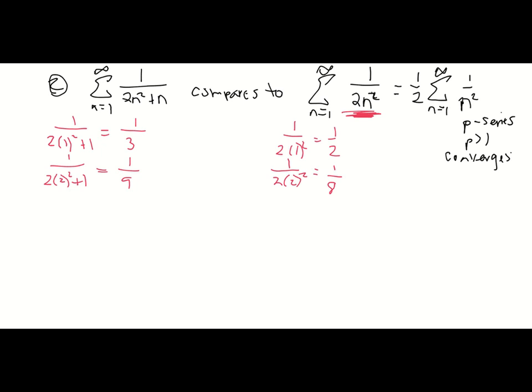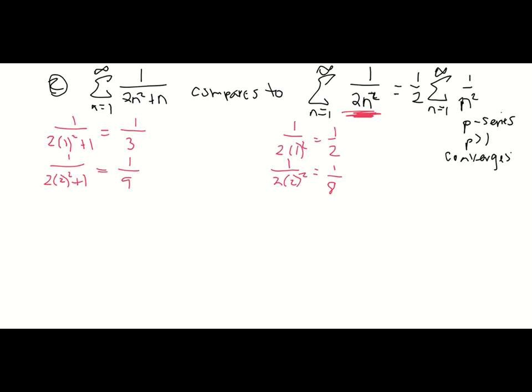Because we have this plus n on the first original series, that makes the denominator a little bit bigger on that one, which reduces the value of the overall fraction. So you may be able to figure out which one is greater without even substituting in numbers if you just think of your number sense, what is going to happen to the value of that fraction as I increase the denominator a little bit more than the other. That one will be smaller.